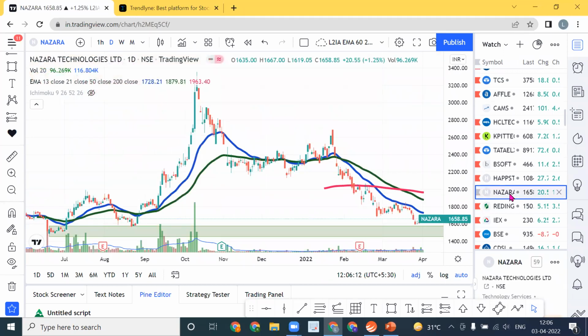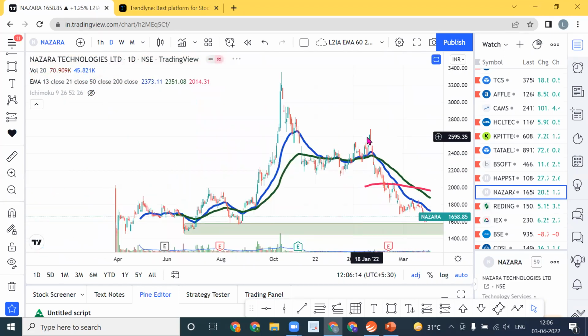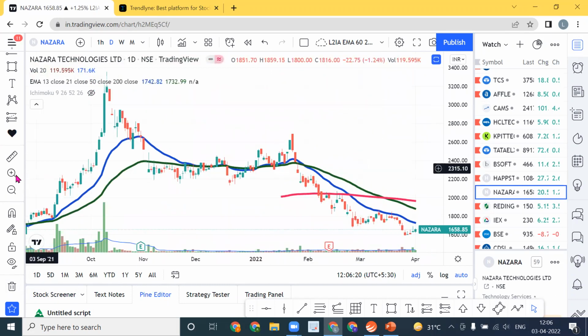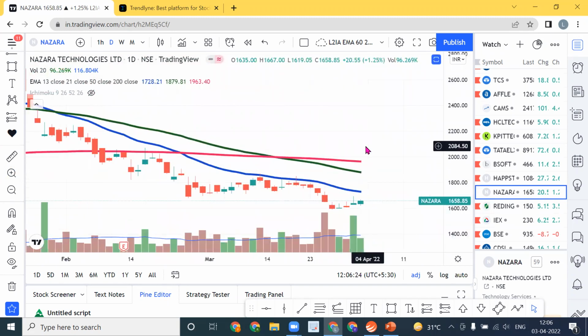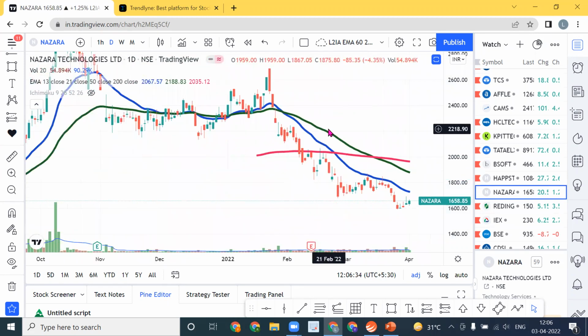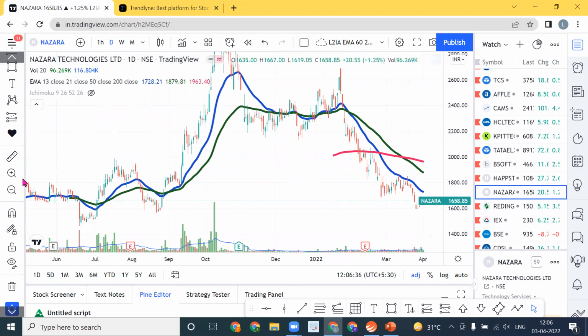Nazara Technologies, Mr. Rakesh Junjunwala stock. The stock is continuously moving down. So I don't see a demand zone here. Somewhere here it will be.